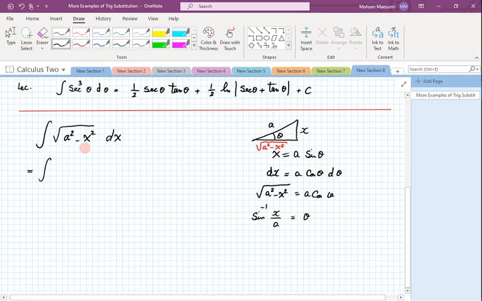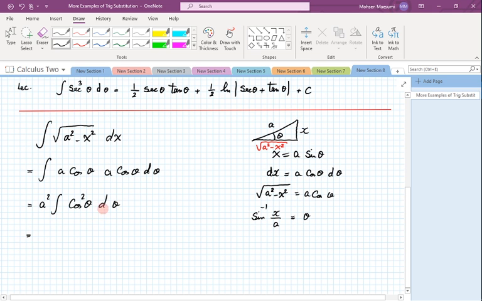Integral of this radical, we said, is going to be just a cosine theta. dx is again a cosine theta d theta, and we are almost done because this is a times a is a squared. Integral of cosine squared of theta d theta.